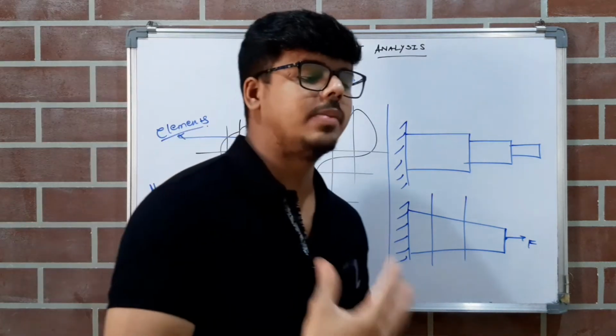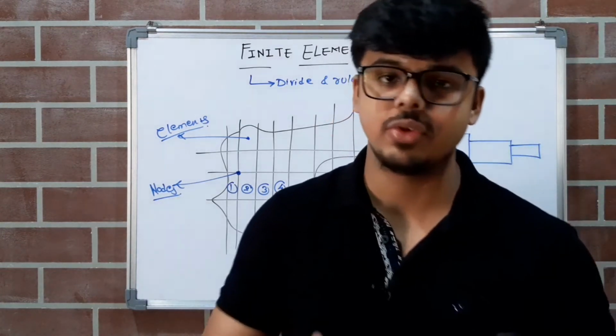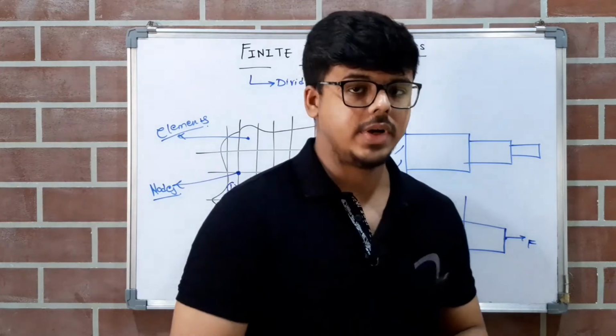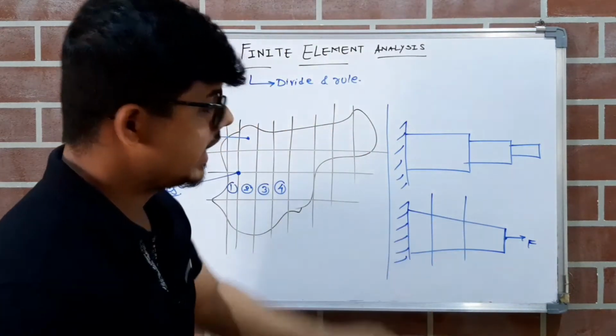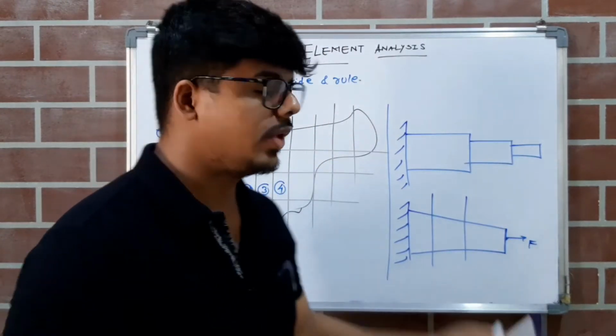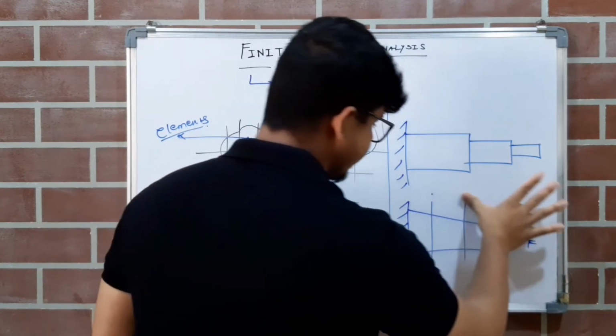But more elements also come with more complex procedures. As we have to solve these sums with pen and paper, we will try to divide this component into fewer elements, right, to reduce the complexity.